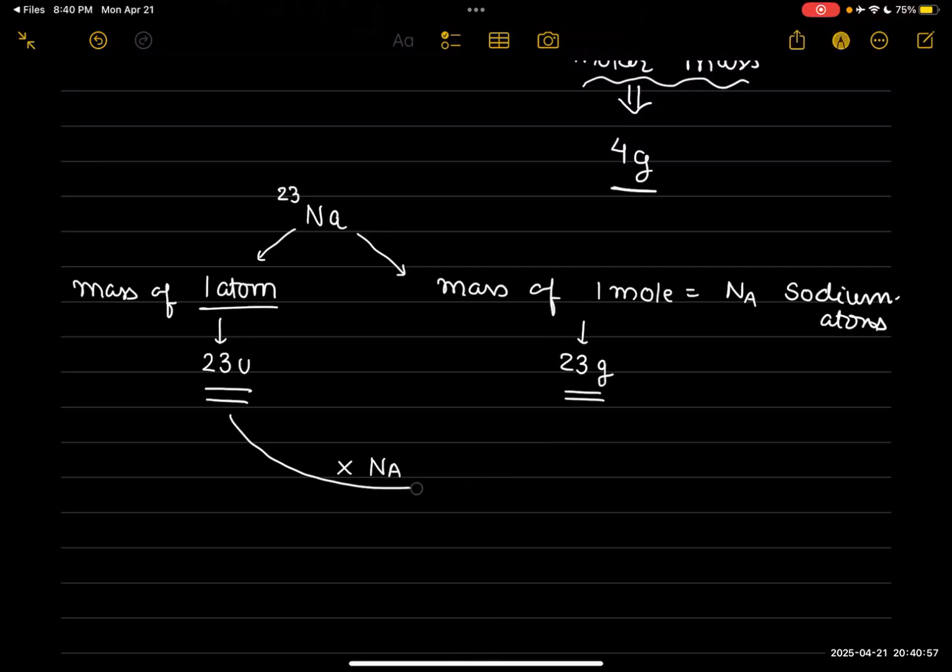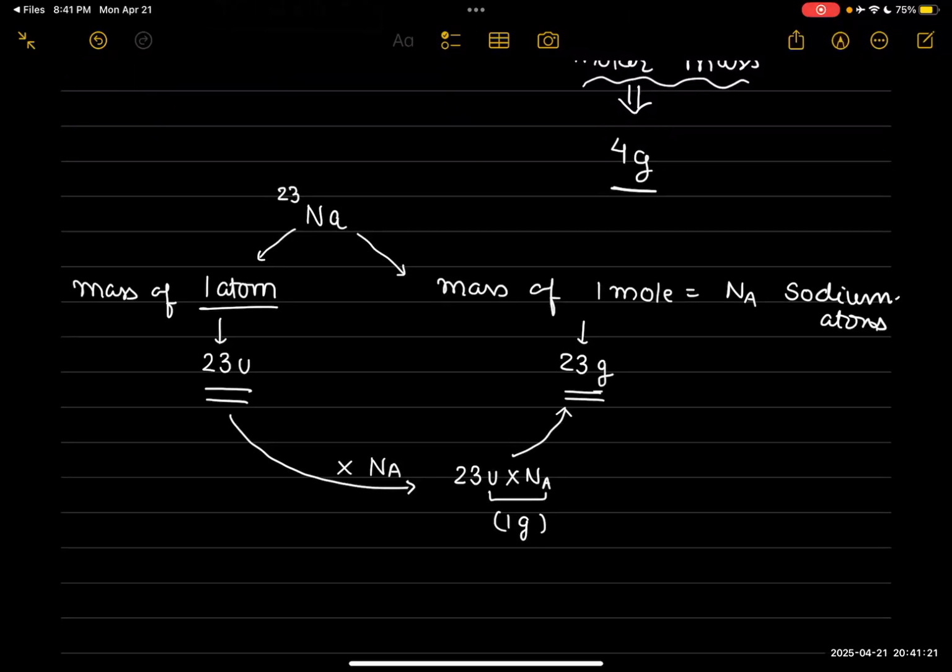So you need to multiply 23 U into Na, and U into Na is 1 gram. So that's why you got 23 grams.